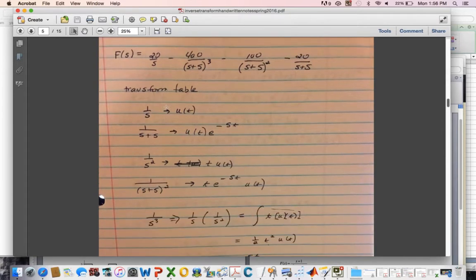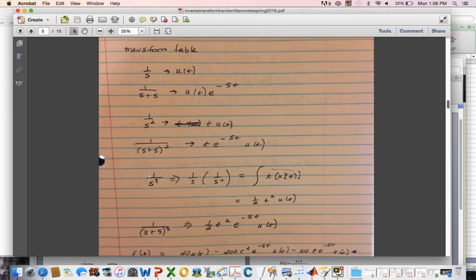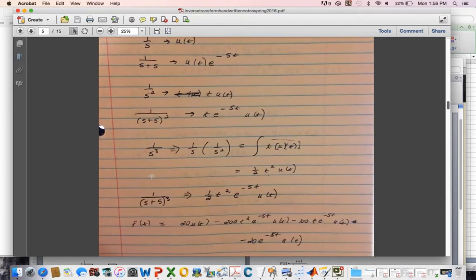So from the first term, we get u of t. From the last term, we get a time-shifted u of t. And then remember that we can look up in the table and see that when we have this 1 over s plus 5 squared, that brings up a t in our solution, and 1 over s cubed terms correspond to a 1/2 t squared.